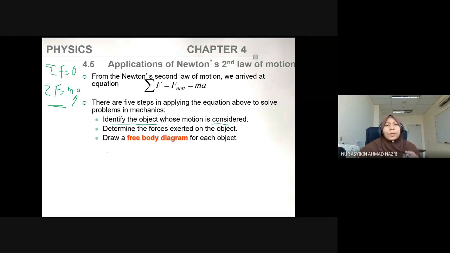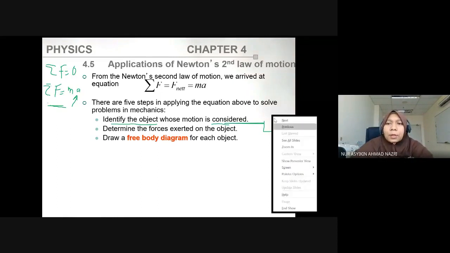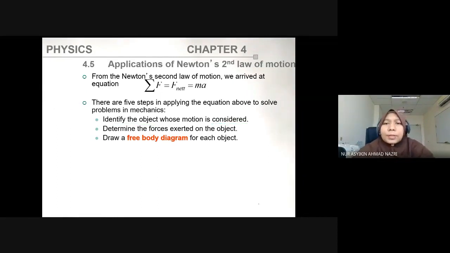Look at which object it is. And once we know which object we want to consider, because sometimes we have 2 or 3 objects in a situation, you need to decide. Like I said, a simple example is the case of tension.